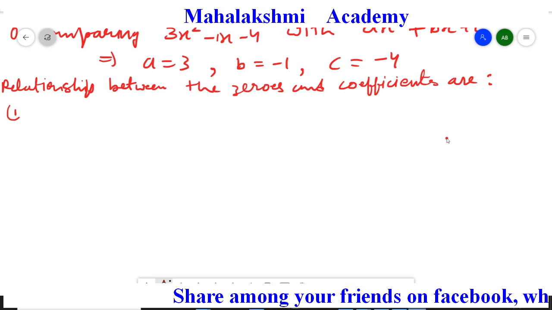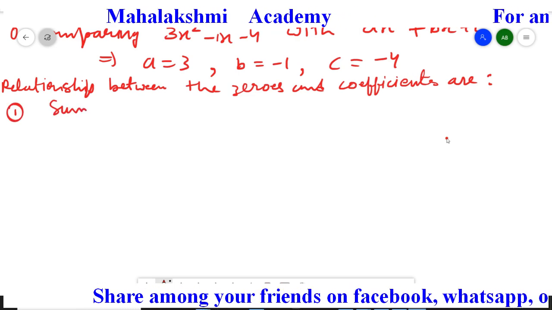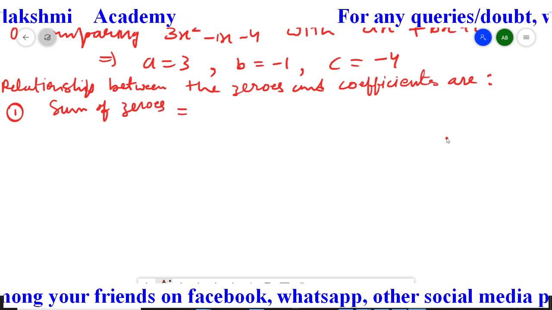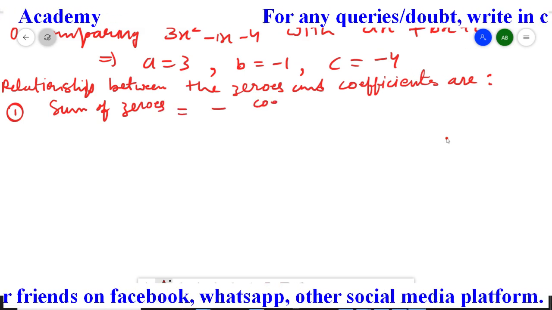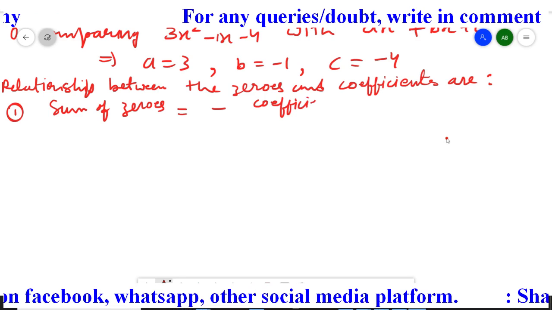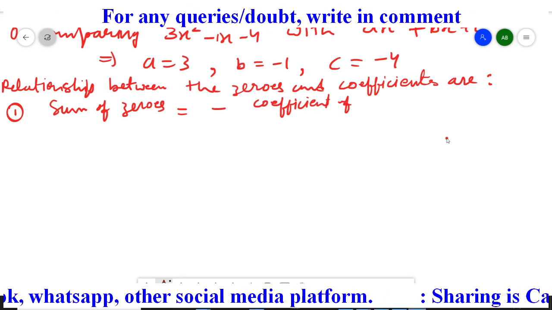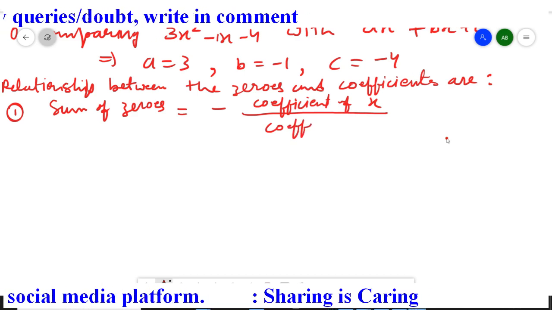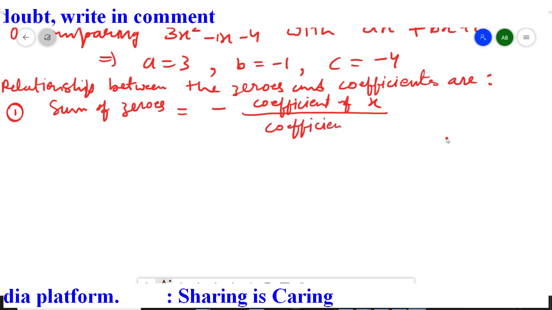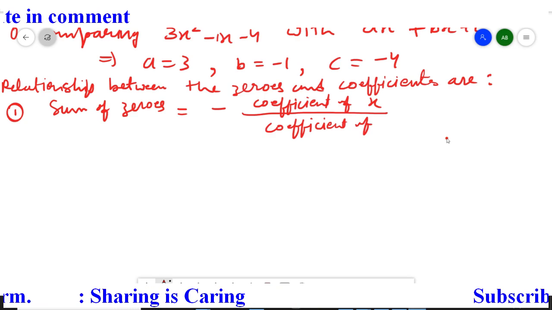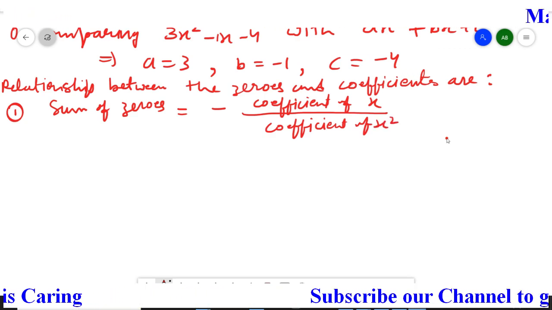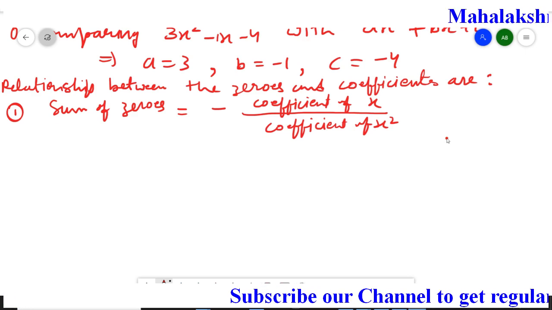The first relationship is sum of zeros is equal to minus coefficient of x upon coefficient of x square. So it's a formula, you have to learn the relationships. Now here we are only doing the verification.